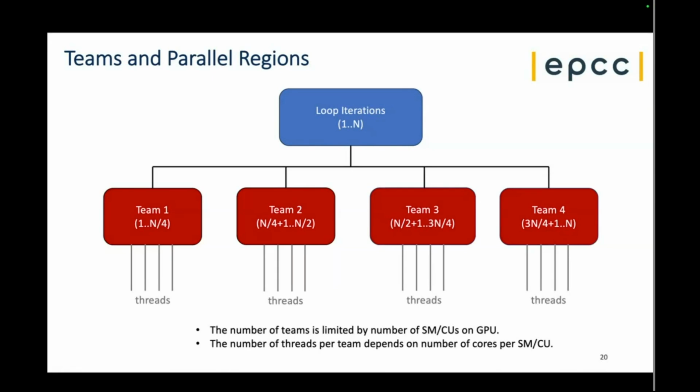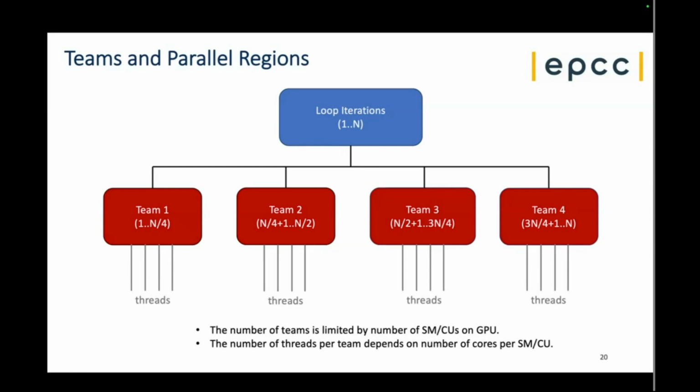There are some hardware limits on the number of teams that you can send at the same time on a GPU. Essentially, it's because each team goes to a different computing unit, so they have to fit on the device. If you have too many teams, they won't be able to run at the same time. But we'll cover this performance aspect later on in the course.